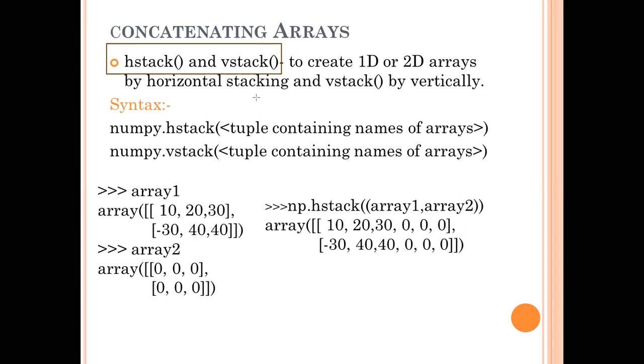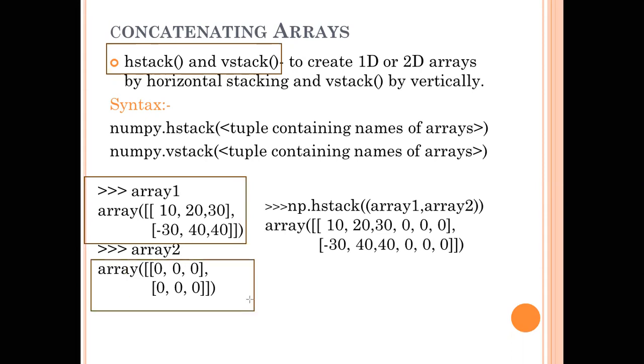This one is array 1. This is array 2. Then what is the shape? Array 1 shape is 2 rows and 3 columns. Then what about this one?